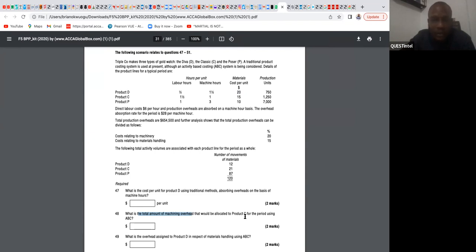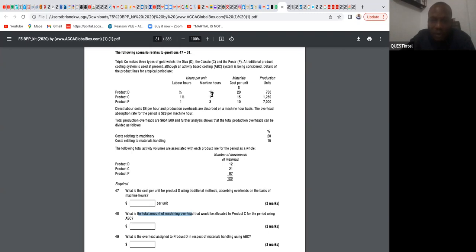So first of all, what's the total cost for machinery? 20% of that. Then I don't think there's a straightforward process to that. Then we'll need to get our cost driver rate for this. Our cost driver rate will be the total overhead to machining divided by the level of activity.